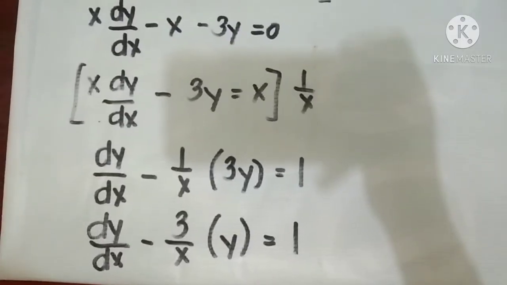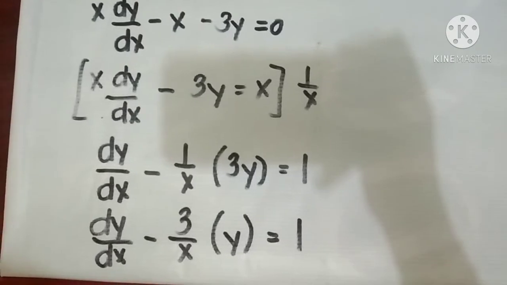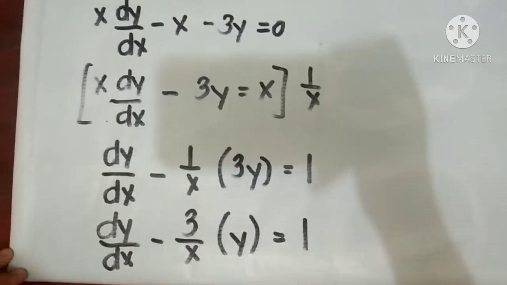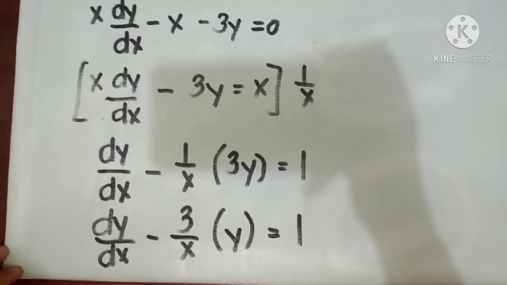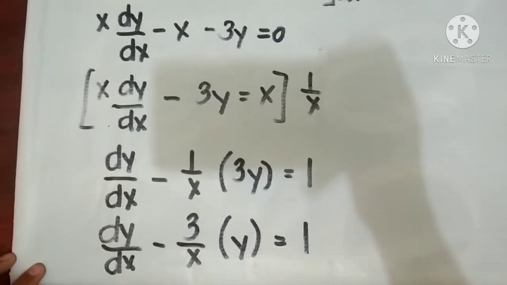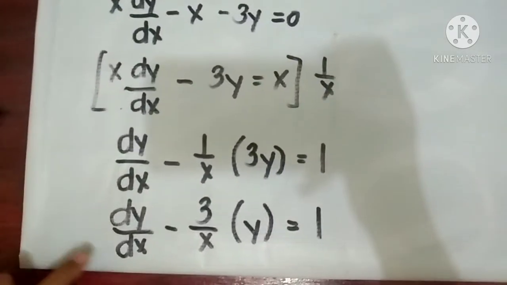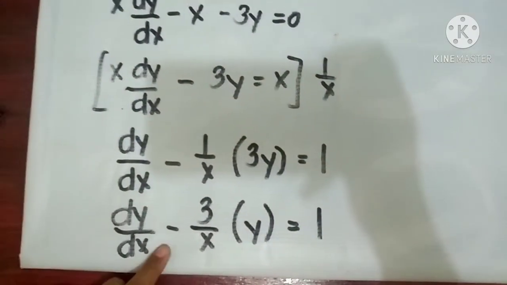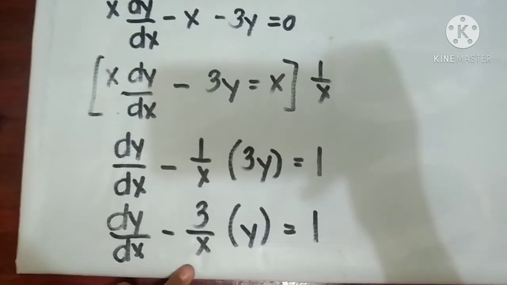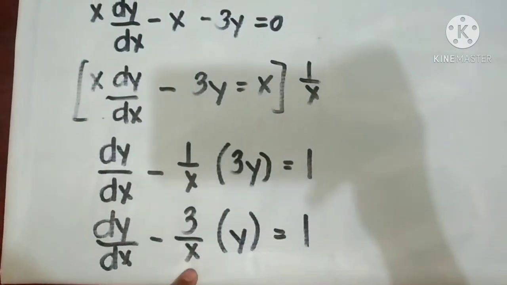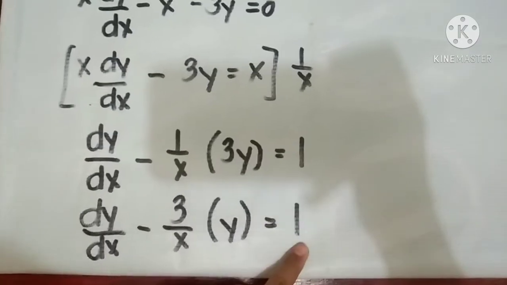So we can identify that this given equation is dependent in y, so we will use the form linear in y. We have dy over dx minus 3 over x times y equals 1. So we identify our p of x and our q of x.